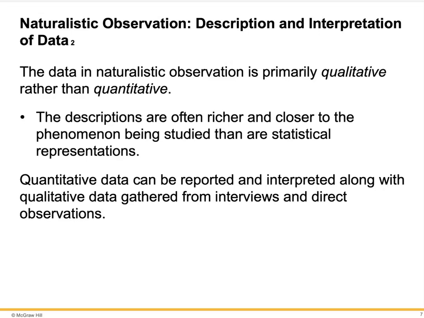But what qualitative research can do is give you context, to give words that help you understand much better than just numbers how somebody lives, or how we can then interpret the environment that we are researching. So quantitative data can be reported and interpreted along with qualitative data gathered from interviews and direct observations as well.